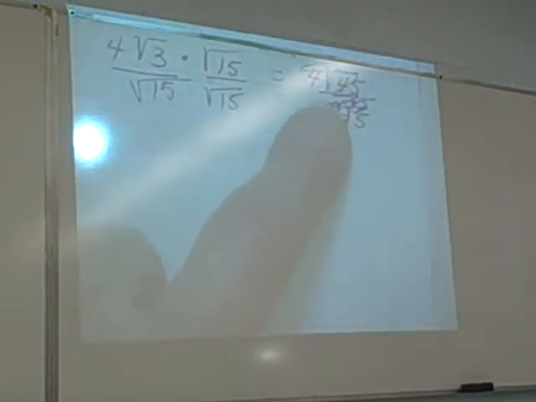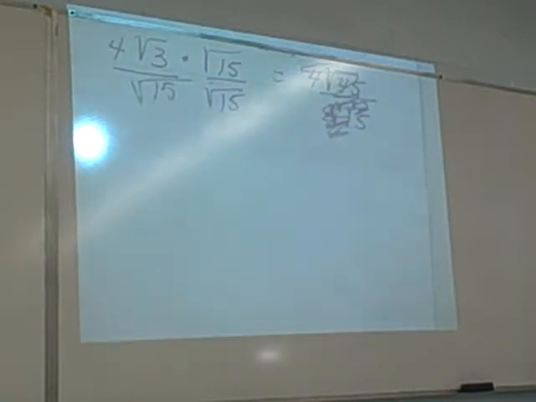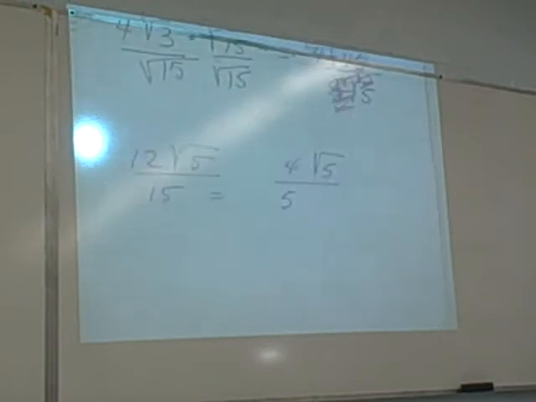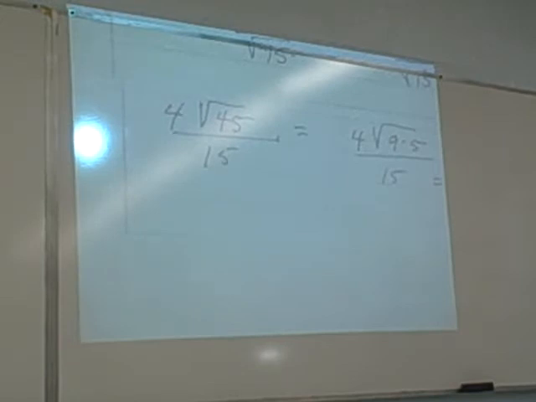And do I have a radical? No. I did this in pen, so I couldn't erase. So here I go. Where am I? I have 4 times rad 45 over 15. What didn't seem right? No, I just didn't see, never mind. Okay, you're good? Okay.